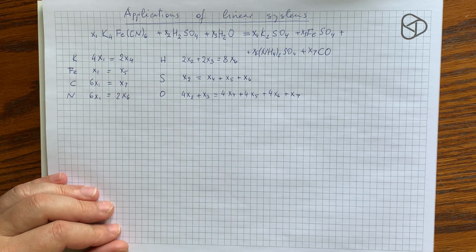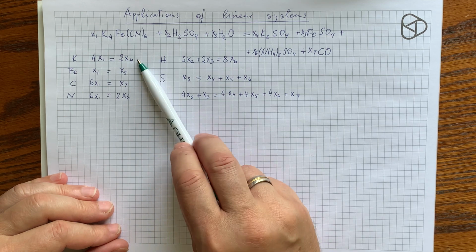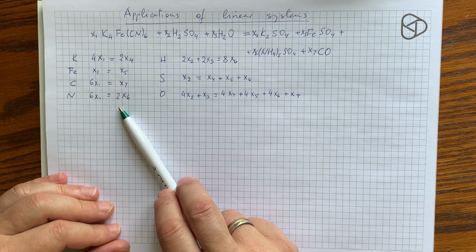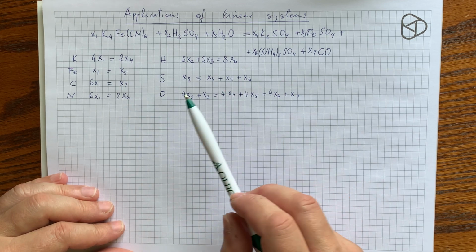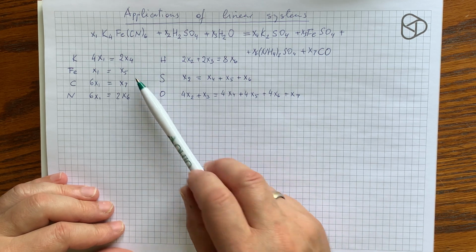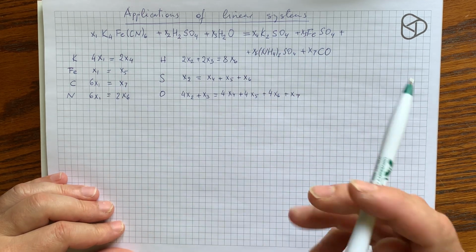So that is the system as it is coming from the chemical reaction. We have 7 unknowns, 7 equations, but these equations are very easy. So these equations are effectively answers for our unknowns on the right of the chemical reaction in terms of X1.